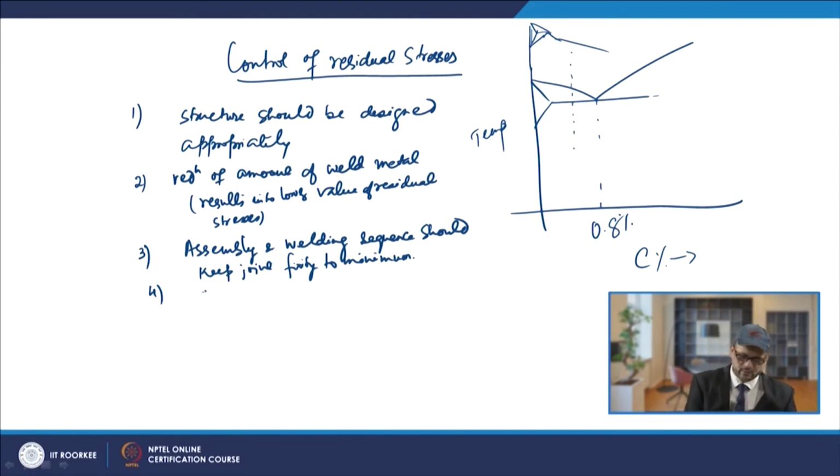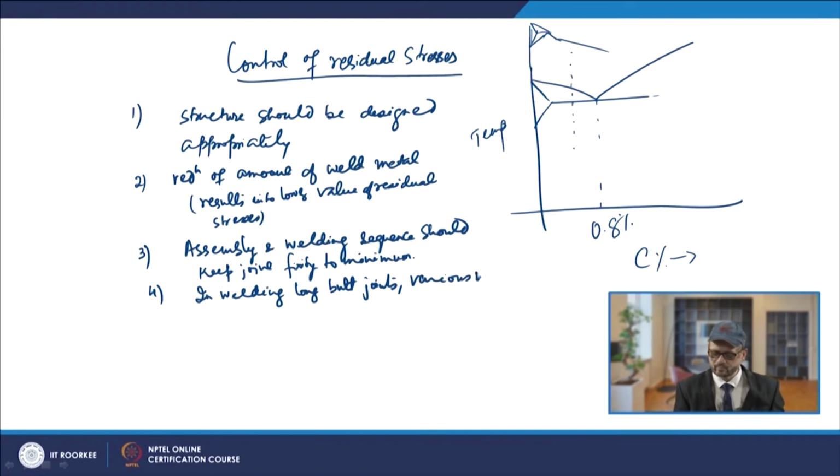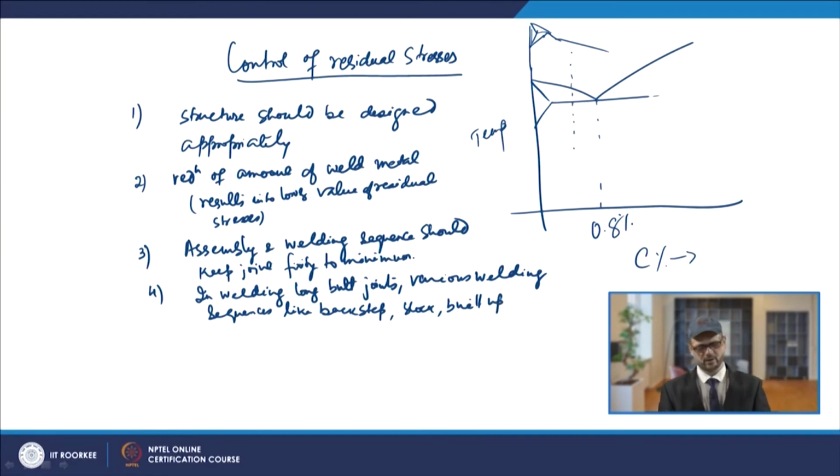So, in welding long butt joints, you have various welding sequences like back step, block, and built up, and they should be used.